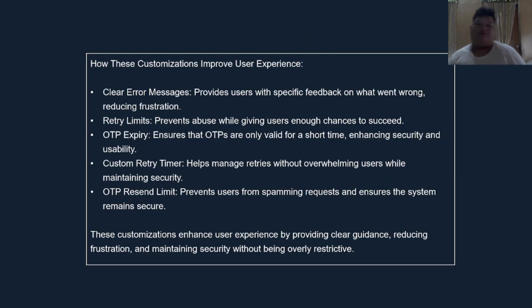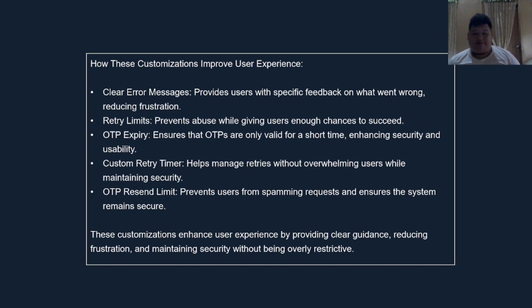How does this customization improve users' experience? Clear error messages provide users with specific feedback on what went wrong, reducing frustration. Retry limits prevent abuse while giving users enough chances to succeed. OTP expiry ensures that OTPs are only valid for a short time, enhancing security and usability.